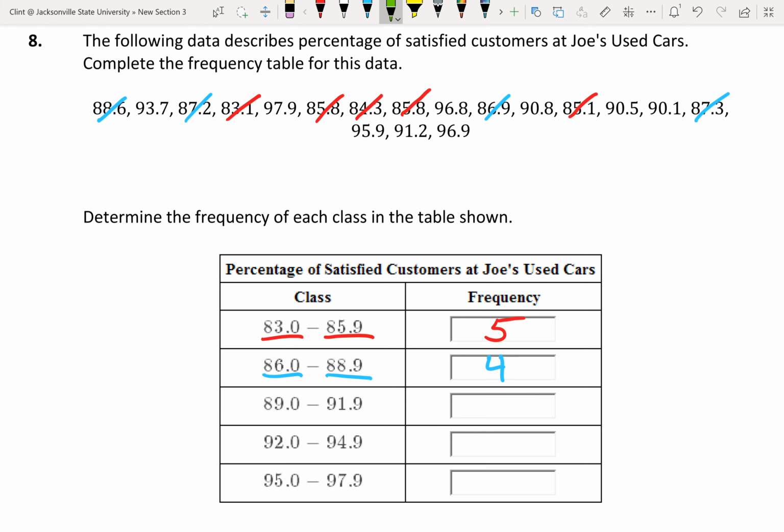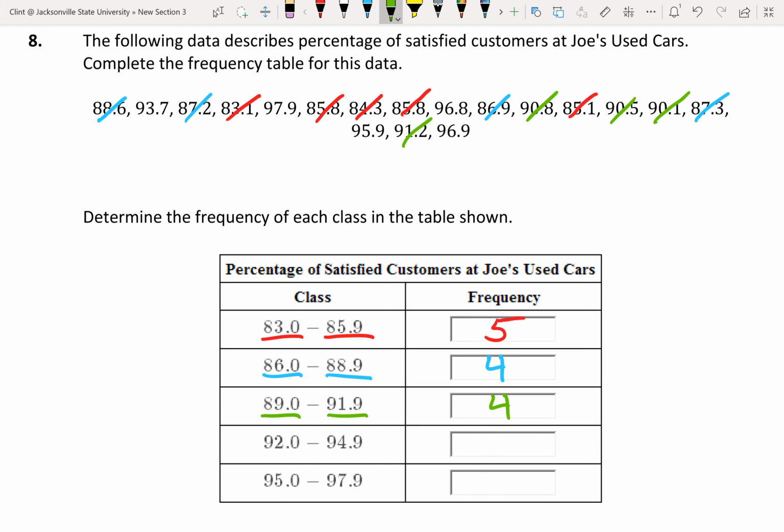Now we want between 89 and 91.9, so I'm going to look for any data value that's left that is smaller or equal to 91.9. There's one, one, one, one. So 1, 2, 3, 4.